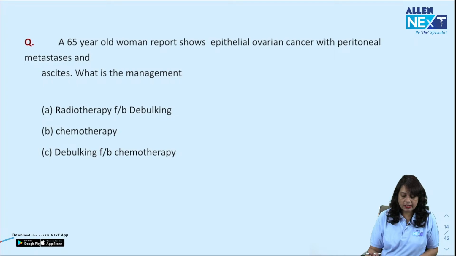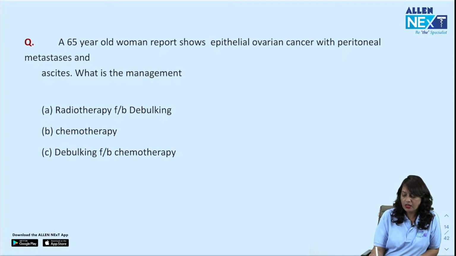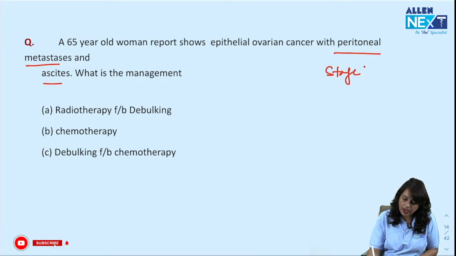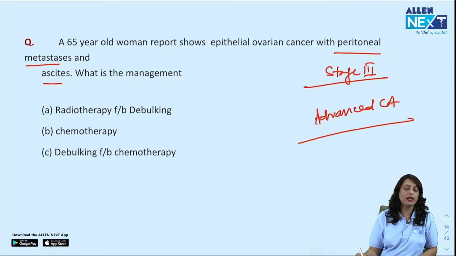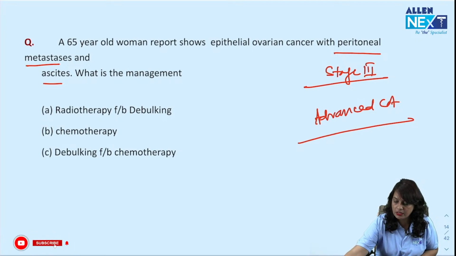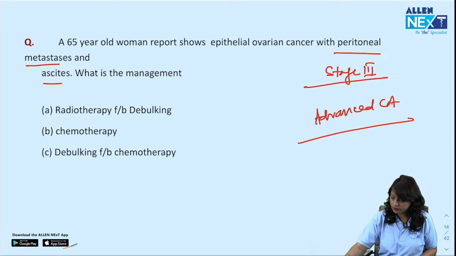Next question, a 65-year-old woman report shows epithelial ovarian tumor with peritoneal metastasis and ascites. What is the treatment? Now, peritoneal metastasis is always considered as stage 3, which is advanced cancer. Now, what is the management in this case?